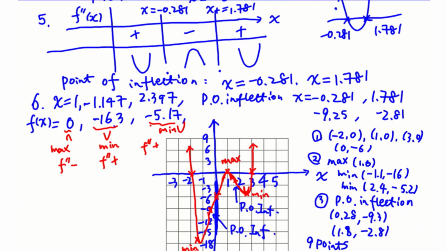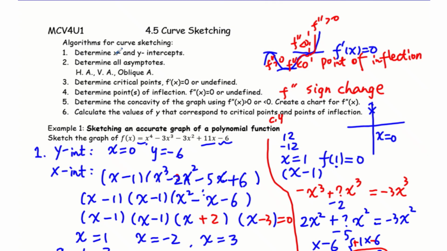Okay, so this is for today's lesson. What we have done is follow the steps: x and y intercepts, find the asymptotes, find the critical points. For critical points, it doesn't matter whether f prime of x changes sign or not; as long as it equals 0 or is undefined, we call it a critical point. And a point of inflection only happens when f double prime changes sign.